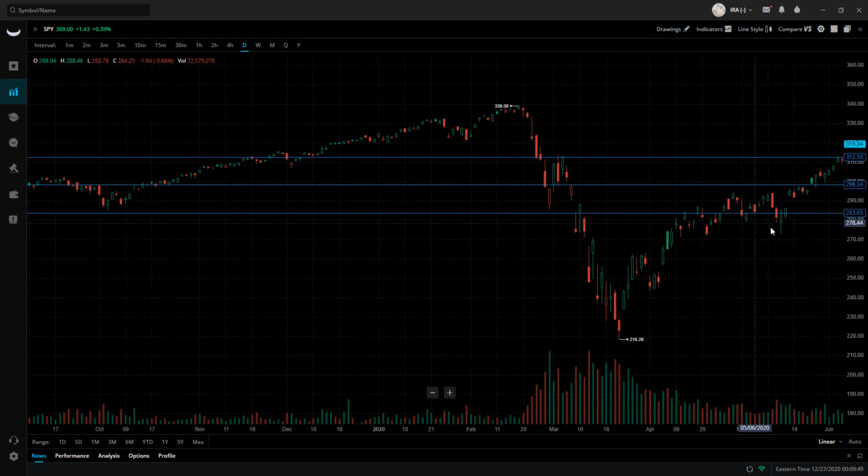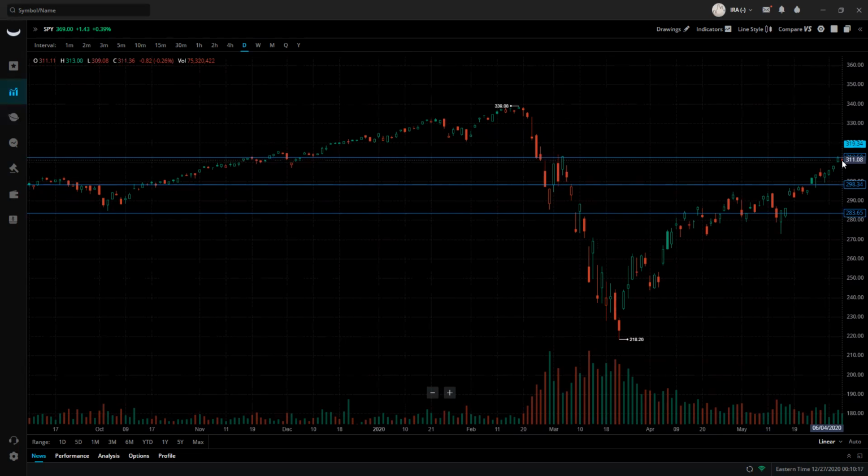So if you were long in this market, if you had bought these support areas down here, you instantly have an area to judge your selling position. This 312 area on the chart is clearly one of the sell zones we can use, because historically this is the resistance area. It got rejected once, and twice, and now it's getting rejected a third time.